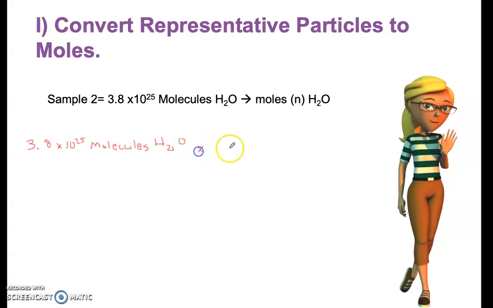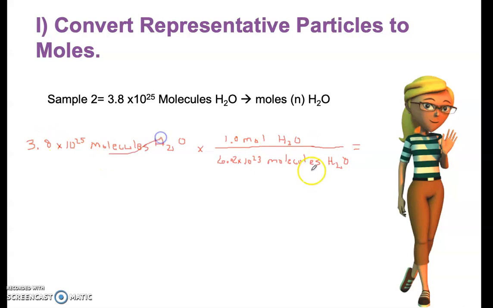We want to multiply it by the conversion factor that we need, which is the conversion factor that has 1 mole of water on the top, divided by Avogadro's number, 6.02 times 10 to the 23rd molecules of water.